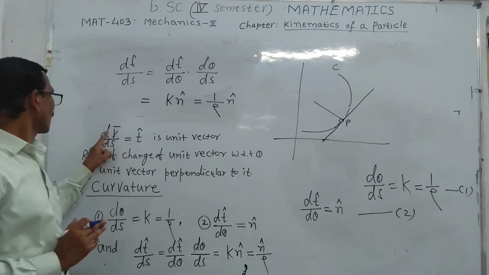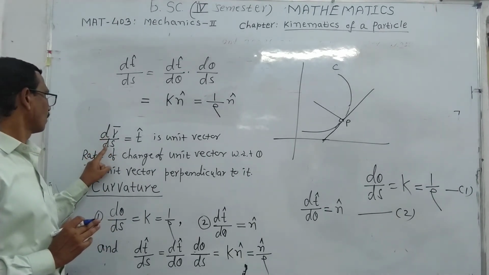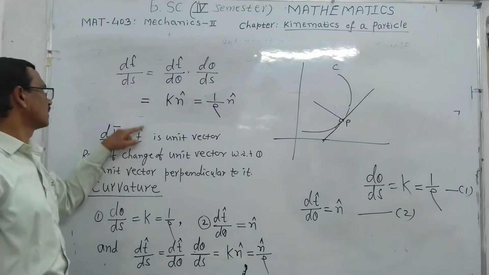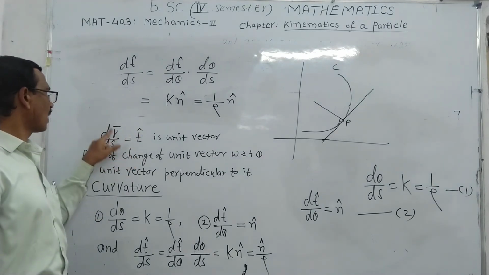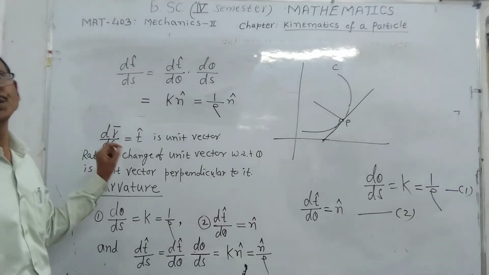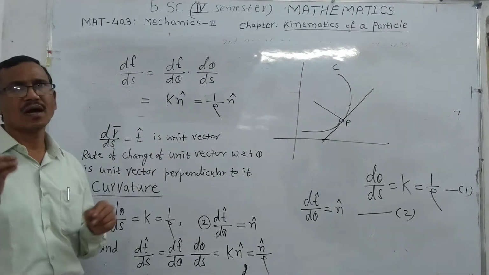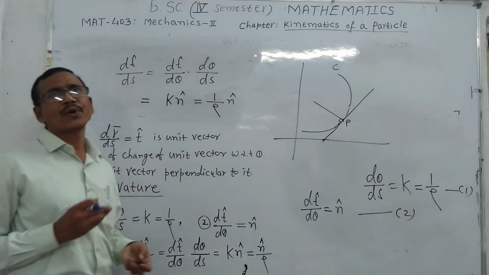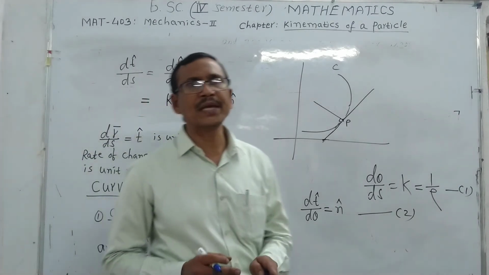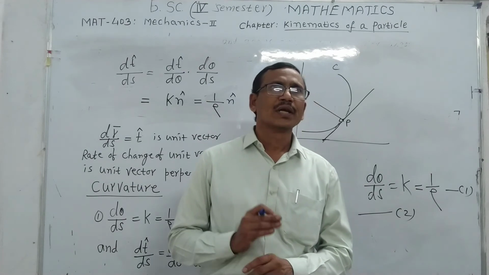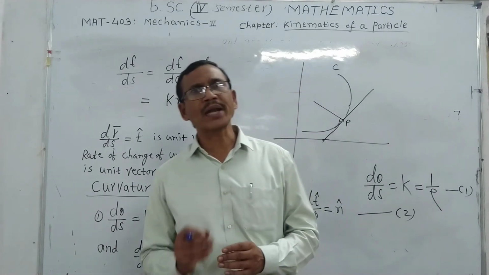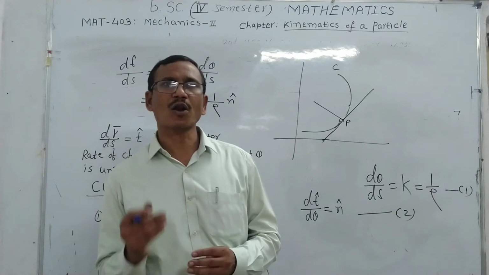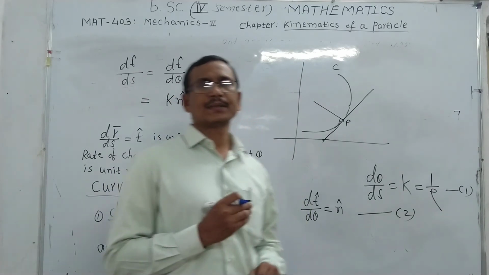First, dr bar by ds is equal to t cap, the unit vector along the tangent at P. Then the rate of change of the unit vector along the tangent at P is equal to the unit vector perpendicular to the tangent at P, that means the unit vector normal at P. Okay.